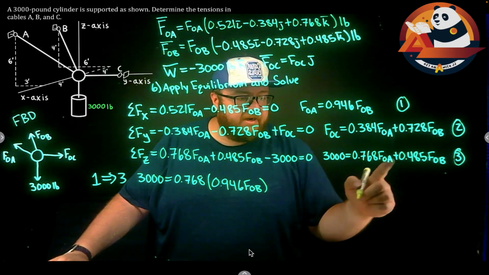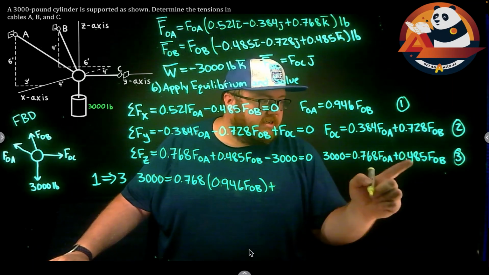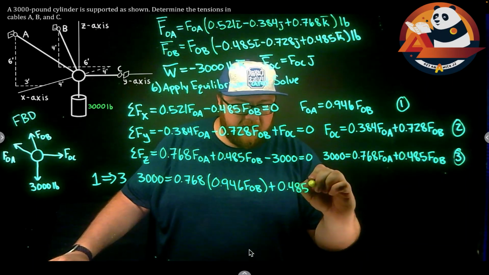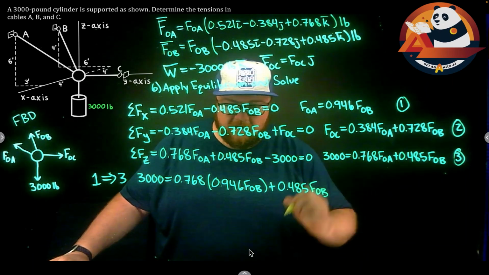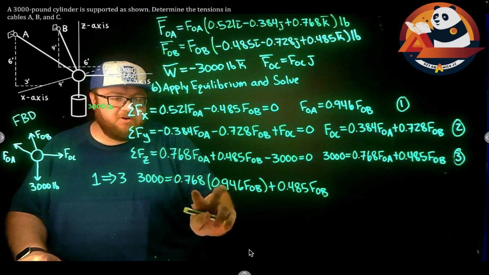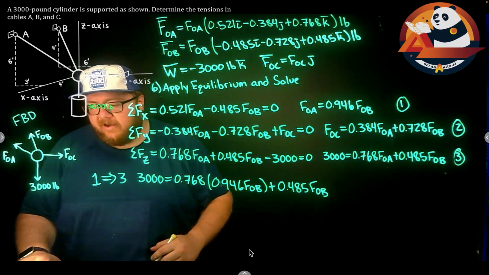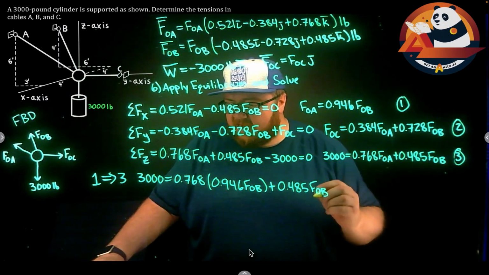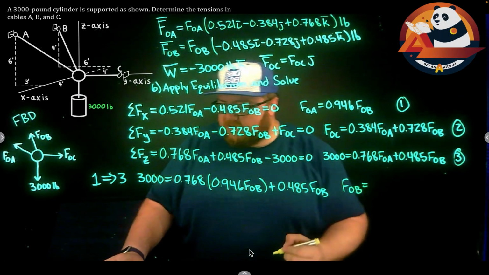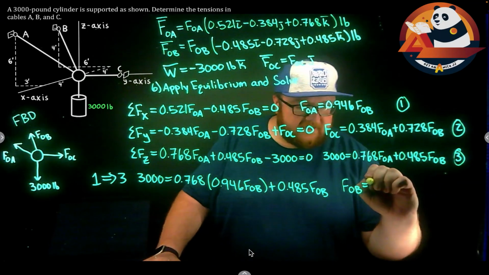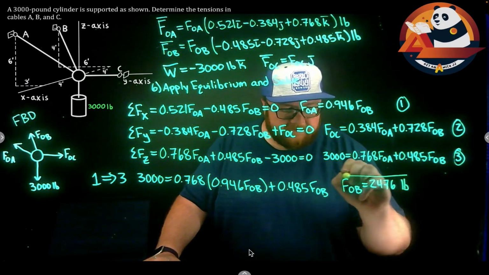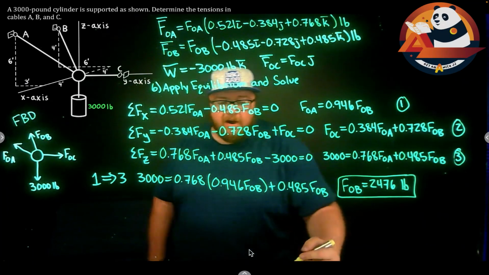Then plus 0.485 FOB. All of a sudden, I'm down to one equation. I only have FOBs in this. I can multiply these two together and add 0.485. I can solve for FOB. FOB is equal to 2,476 pounds, which would be our first answer for this.